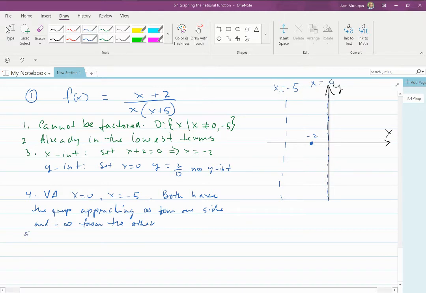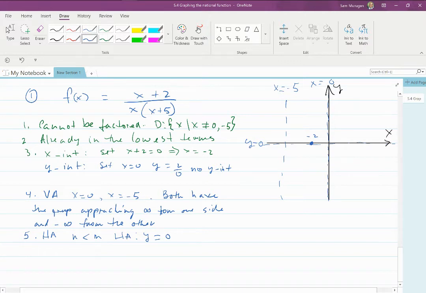Step 5 says to compute the horizontal asymptote. So since n is less than m here, the horizontal asymptote is y is equal to 0. That means that the x-axis is a horizontal asymptote.